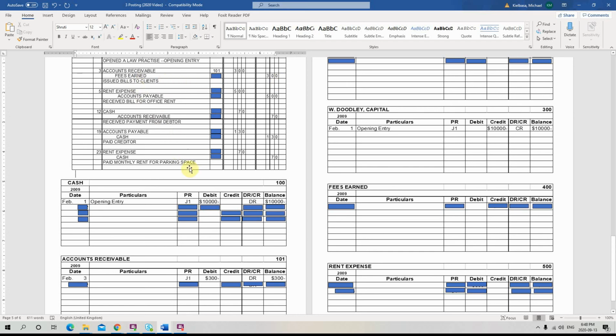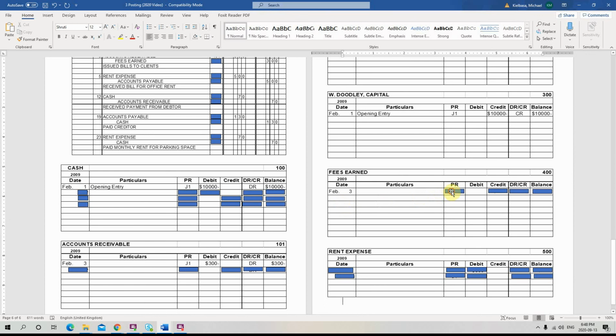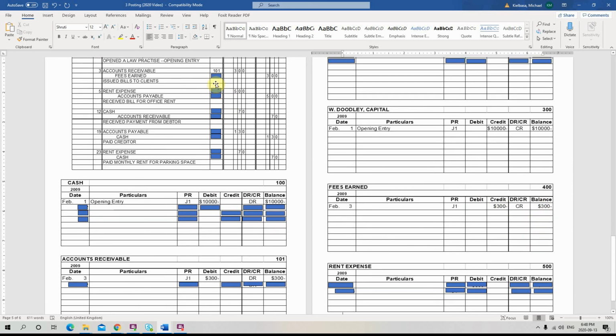So on the 3rd, I indicate coming from J1, a credit of 300. Now, you're probably saying to yourself, well, obviously it's a credit of 300. Remember, this is not indicating what this is. It's indicating what this is. All right, so we posted to account number 400.